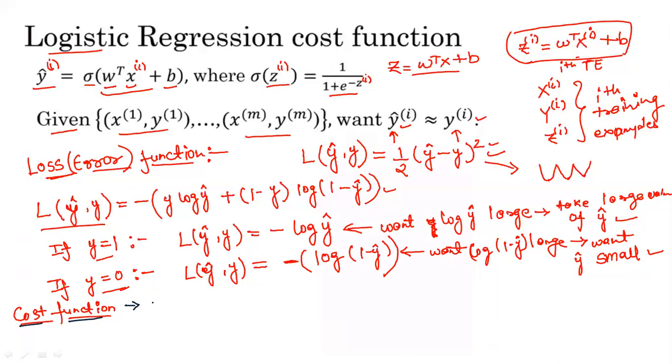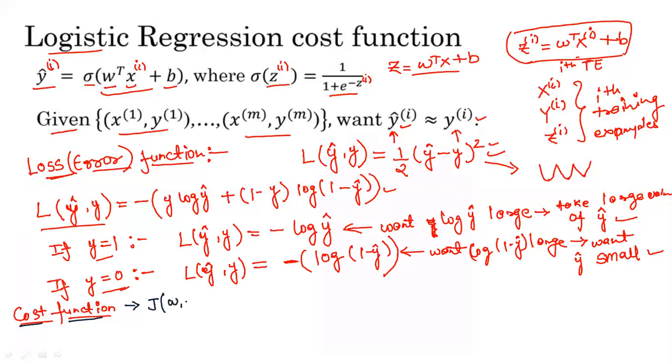But we'll define the cost function over all the m training examples, and this cost function would ultimately help us to achieve optimal values of parameters w and b, because that is the ultimate aim of what we are learning in this video. We basically need to find the optimal values of our parameters, that is w and b.